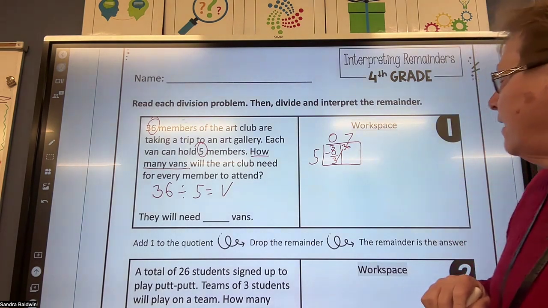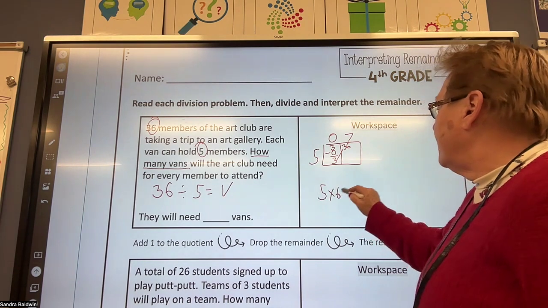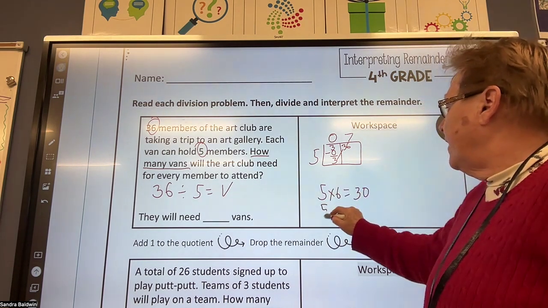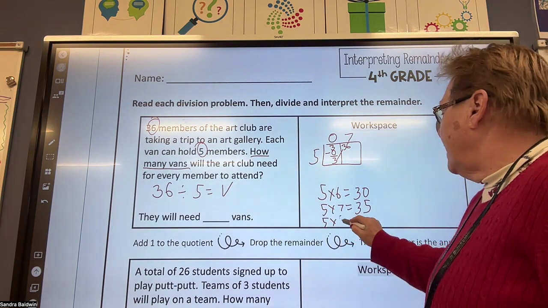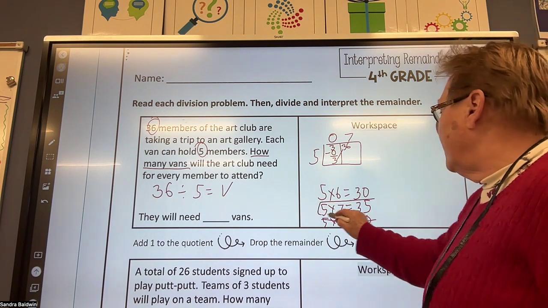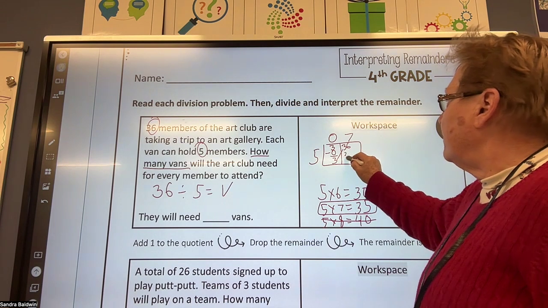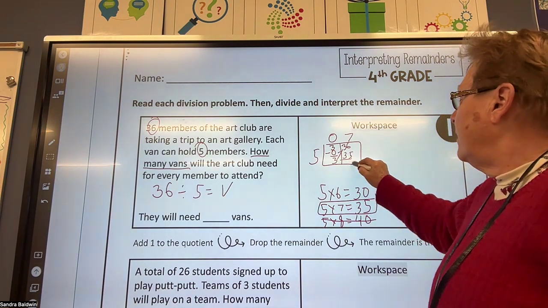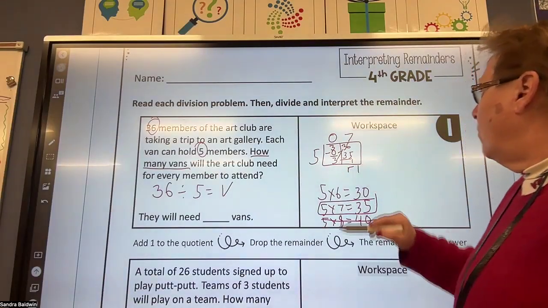So we have to use 5 times 7 because 5 times 6 equals 30. 5 times 7 equals 35. 5 times 8 equals 40. That's too much. So this is the one I'm using. So 7 times 5 is 35. And then I have a remainder of 1.